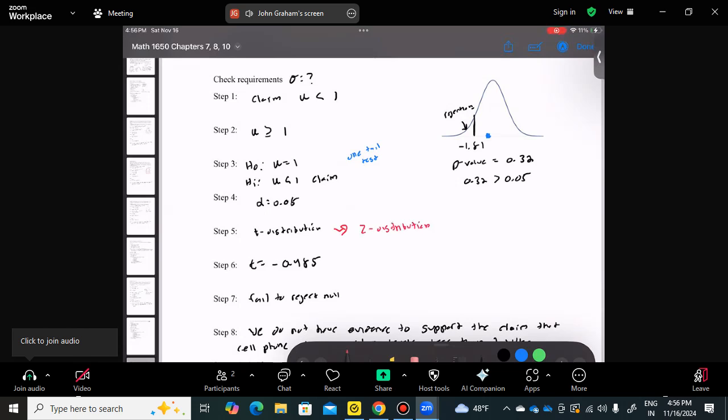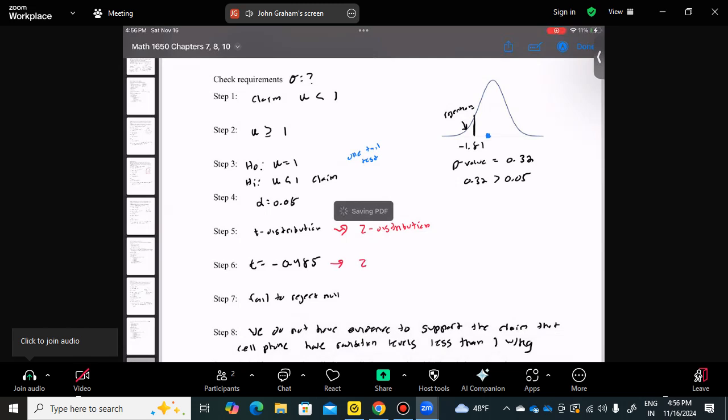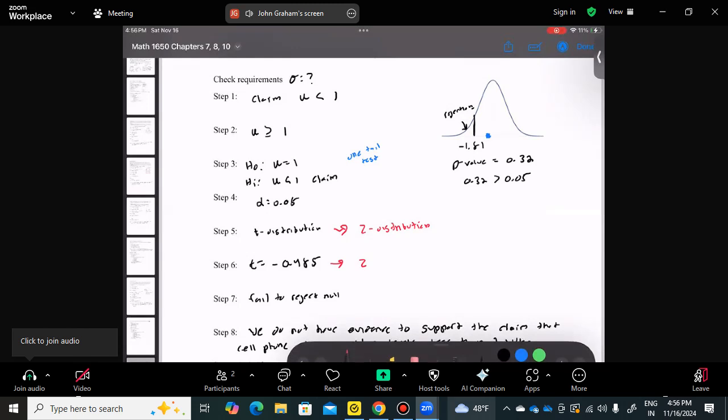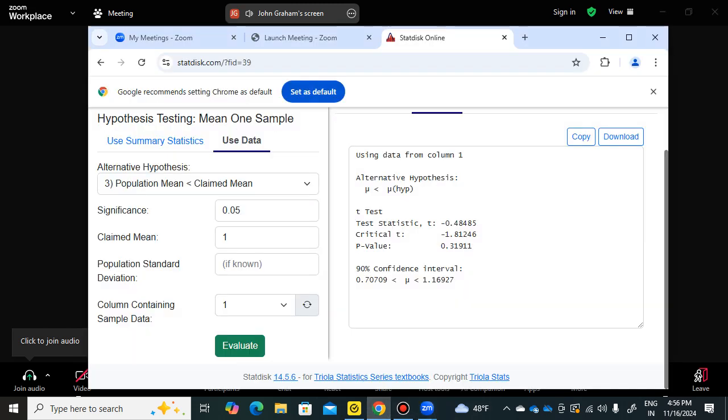This is also then going to change step 6, which is going to be a z-score. So let's go and perform this. We're going to add in 0.48 and run the evaluation.